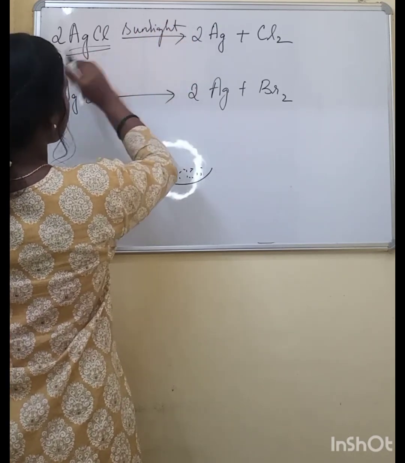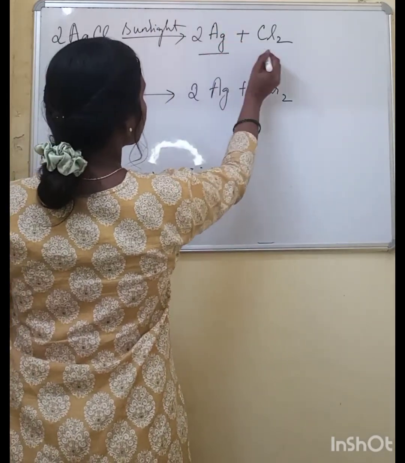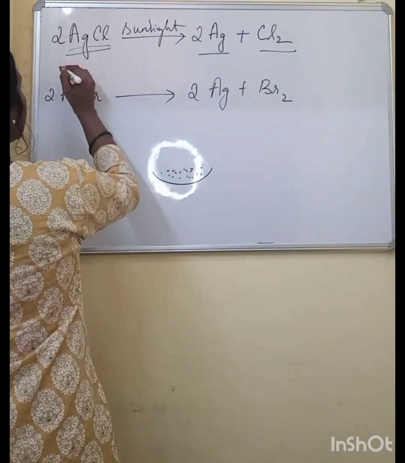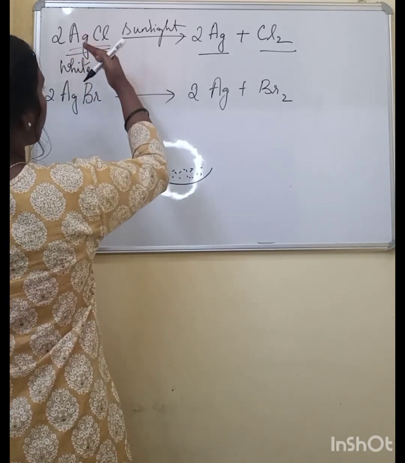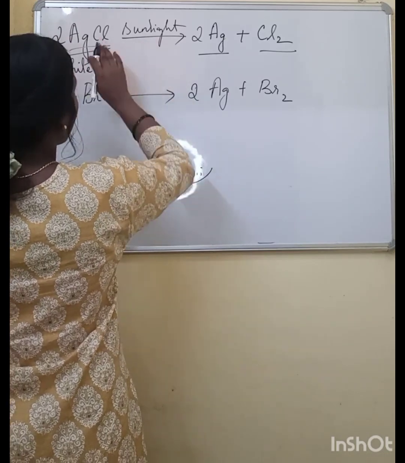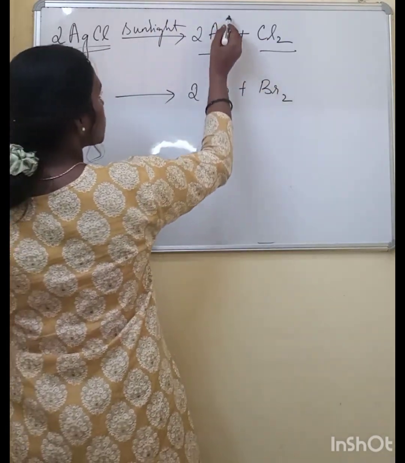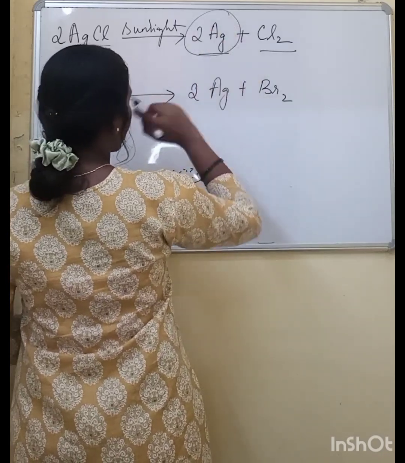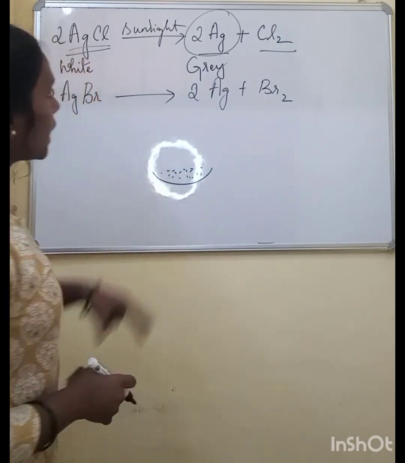When it is exposed to sunlight, this AgCl is broken down to give Ag and Cl2. AgCl color is white. When you expose this white colored silver chloride to sunlight, it will decompose into Ag and Cl2. After decomposition, the powder remaining will be greyish in color.